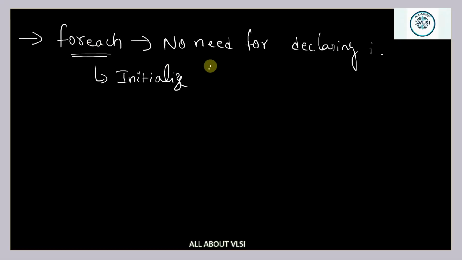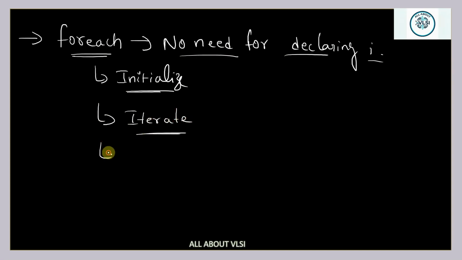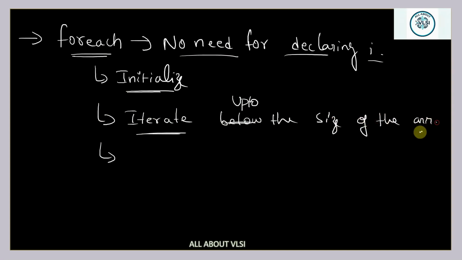But if you are using a foreach loop, there is no need of declaring i or whatever variable you are going to have. It is going to initialize and it is going to iterate up to the size of the array. So this is what your foreach loop is going to do. Let us see how it does it.